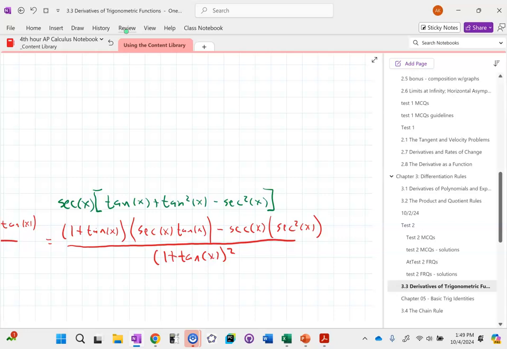Do you notice anything of interest there in the numerator? Think about your trig identities. Secant squared is 1 over cosine squared.